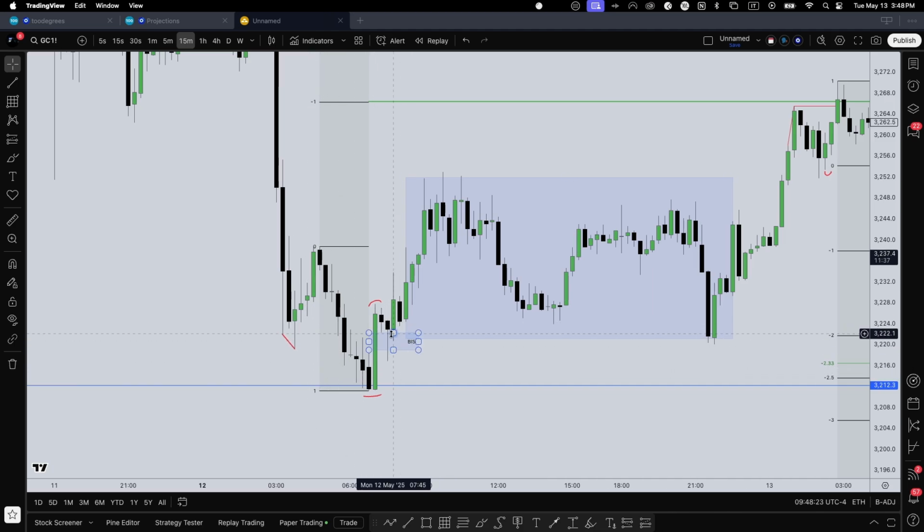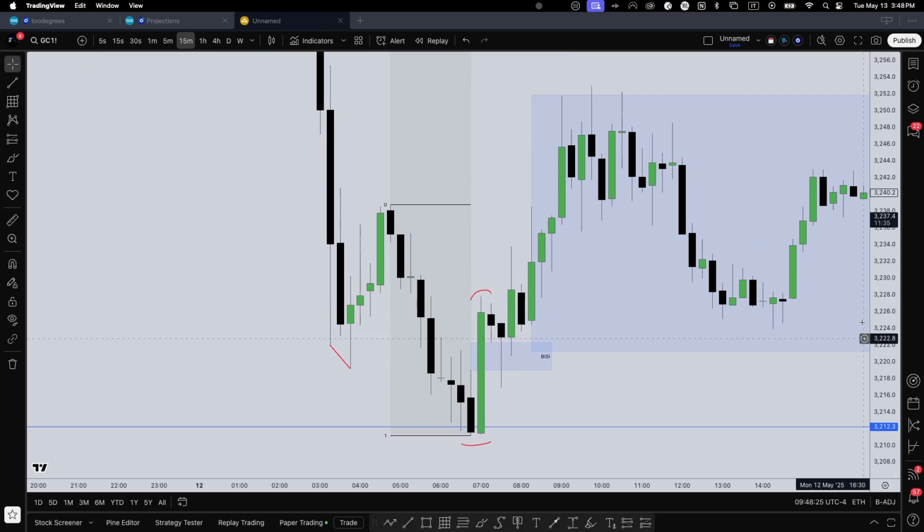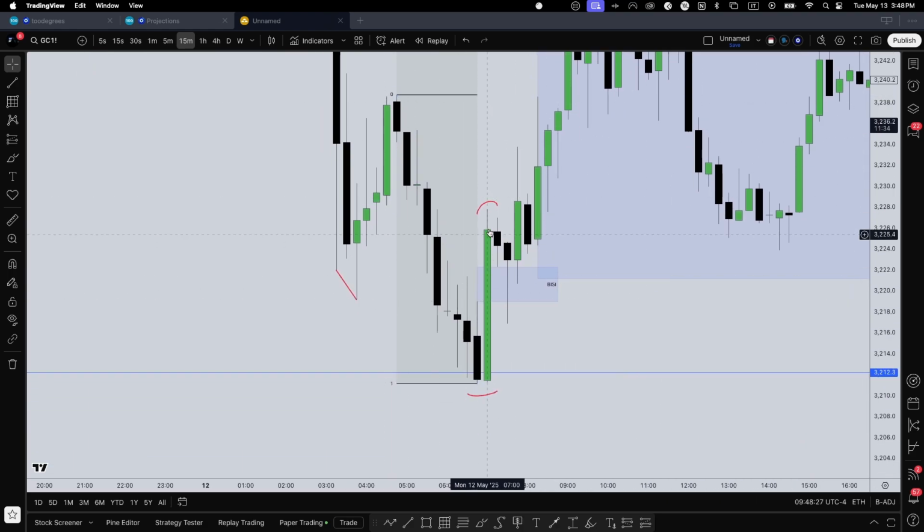I found the fair value gap. And to be able to anchor it to the swings, this is a swing high, this is a swing low, the accumulation occurs between these two swing points. So that's why I use it. So the stage of accumulation happens in this range of price.